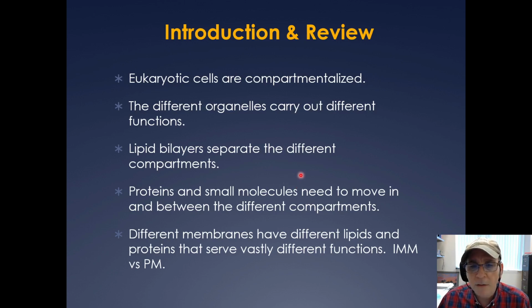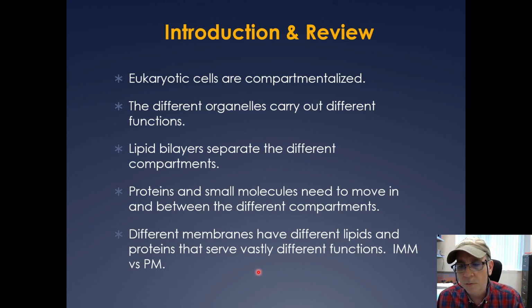But because the cell is compartmentalized, proteins and small molecules need to move in and out of these different compartments and get sorted to the appropriate compartments so that they can do their job. These compartments composed of lipid bilayers have different membranes, and in the different membranes there are different lipids and also different proteins, and that really helps give the different organelles their specific function.